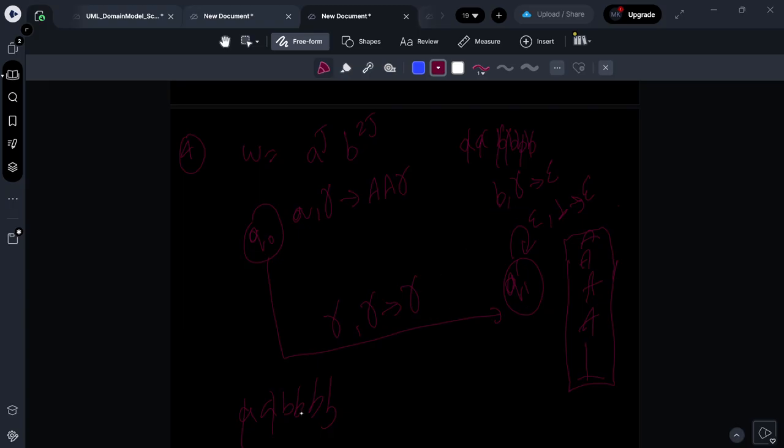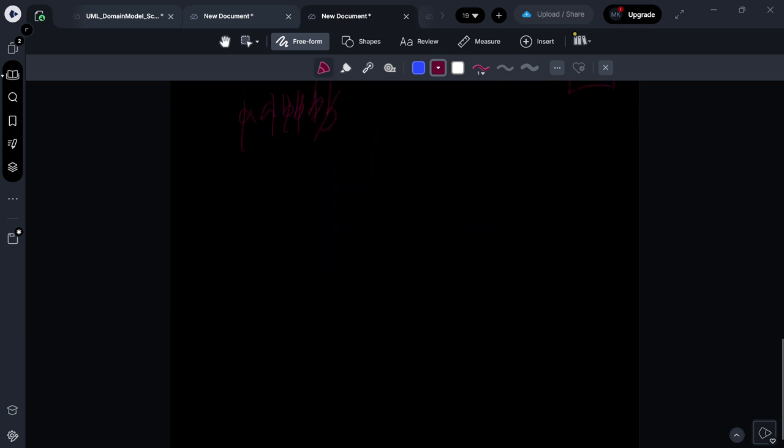When you read a B in the word, whatever is on the stack, just replace it or empty it. And if you read nothing, and if you read this, then empty it. That seemed quite easy, I think.